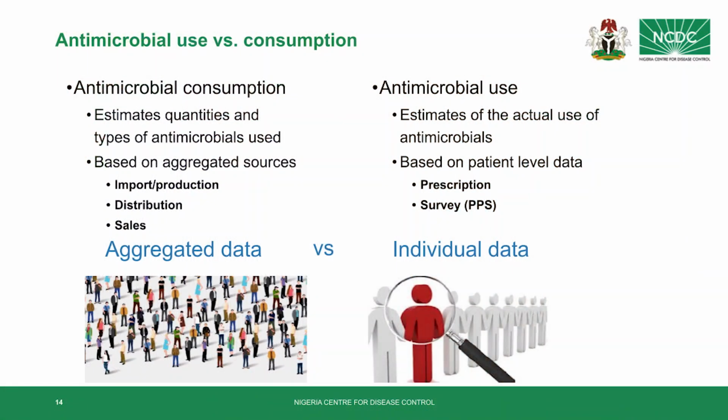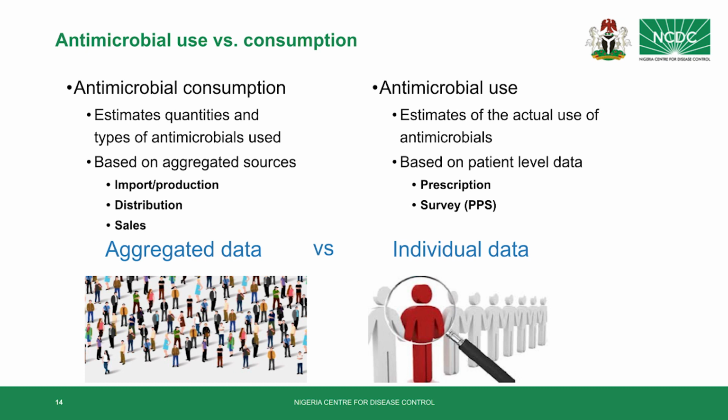So antimicrobial use and antimicrobial consumption. Antimicrobial consumption essentially estimates quantities and types of antimicrobials used, whereas antimicrobial use is the estimate of the actual use of antimicrobials.